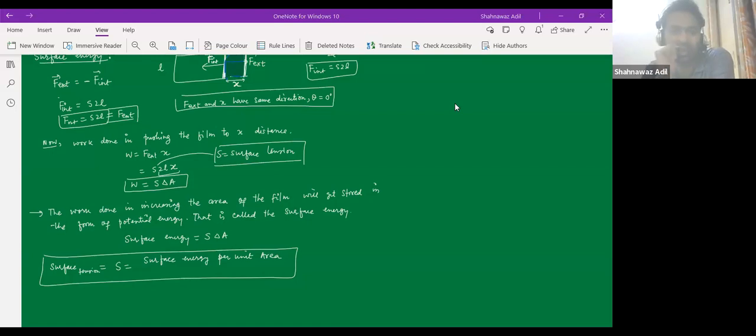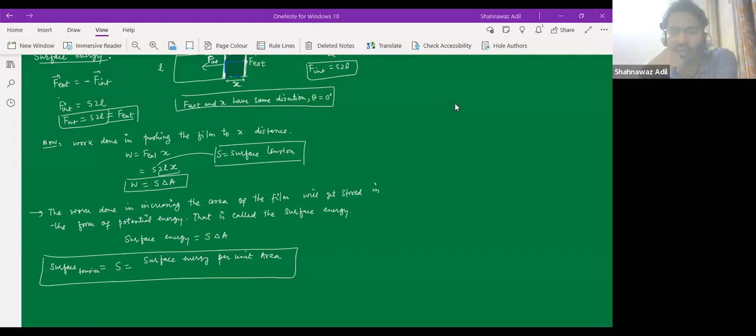Okay, so we understood surface tension. We understood three definitions of surface tension. What is that? It is the property by which the free surface of the liquid behaves like a stretched membrane, right? Second, it is the force acting per unit length.